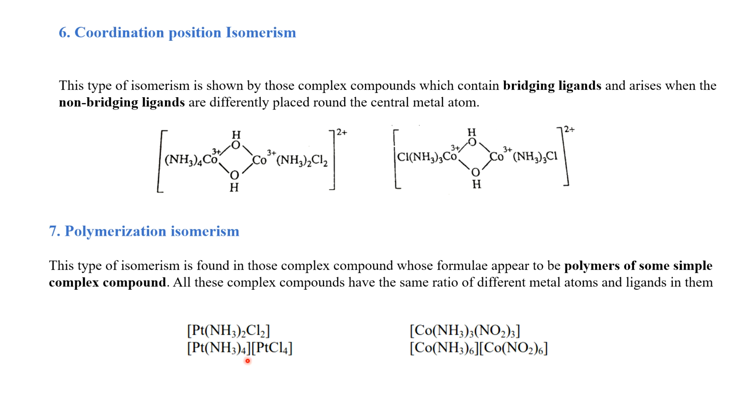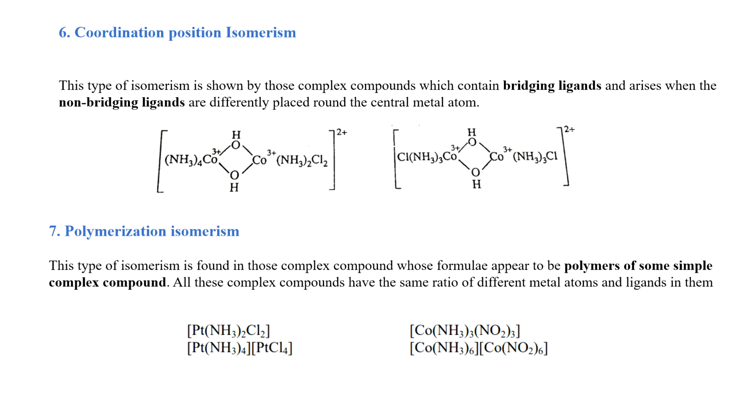And here 2 platinum, 4 ammonia, 4 chloride ligands. So if this is a monomer and it is doubled, we get what looks like a polymer of this one from the formula. So these two will be called polymerization isomerism, and these two also similarly.